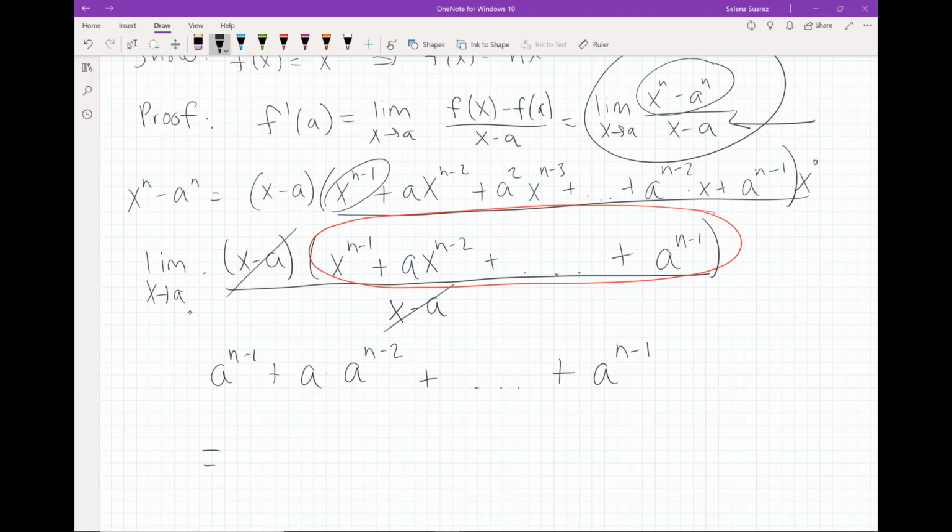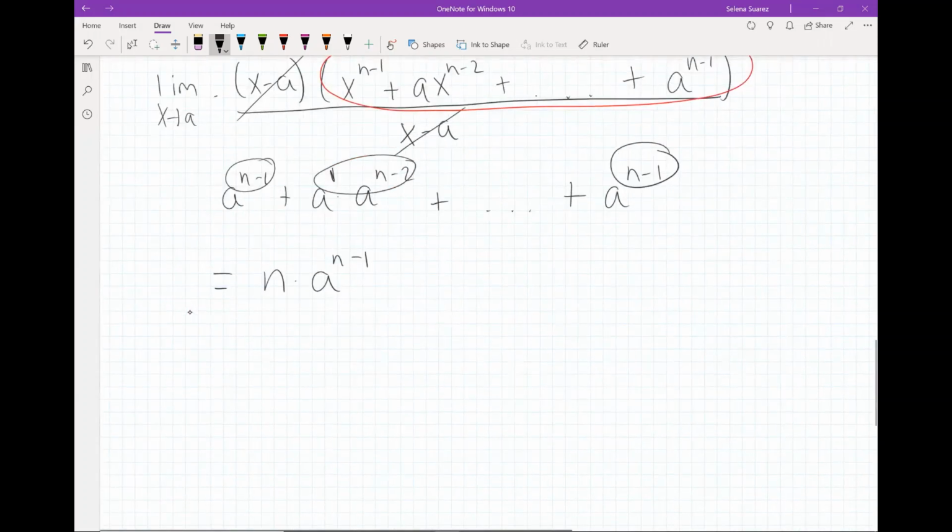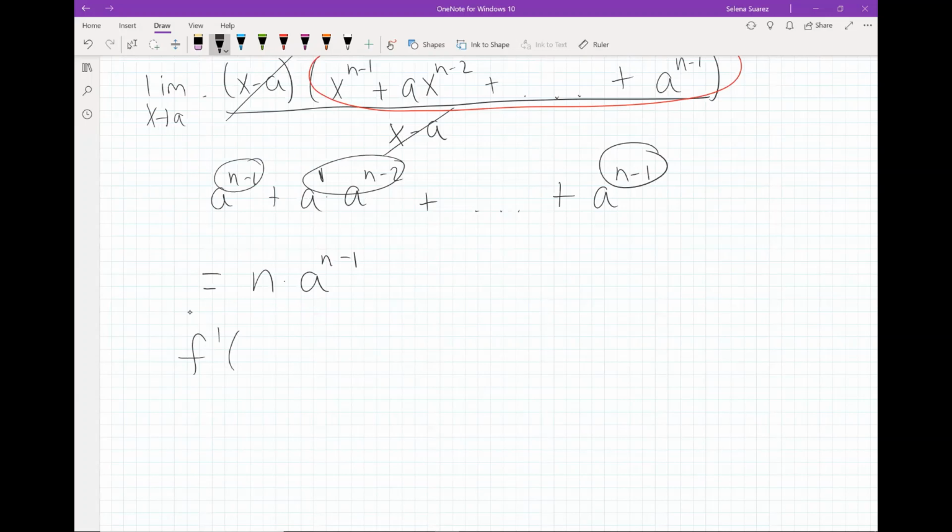So there's n terms, and if you notice, each one of these, if you add the exponents, you get n minus 1, this one's n minus 1, this one's also n minus 1. So really what we have is n times a to the n minus 1. So we end up with f prime of a is equal to n a to the n minus 1.